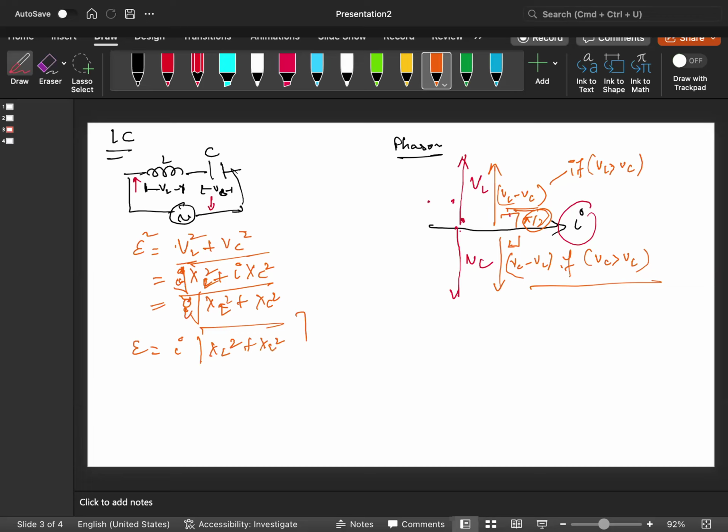Kitna, if I ask you what is the power factor? You know, power factor is nothing but cos phi, basically the phase difference between this and that. If you see carefully, the phase difference is pi by 2, right? Cos pi by 2. Either this will be minus pi by 2 or positive pi by 2.